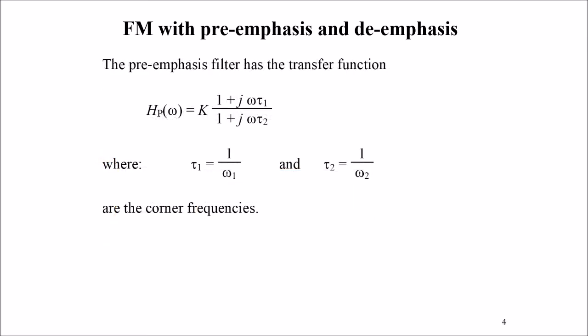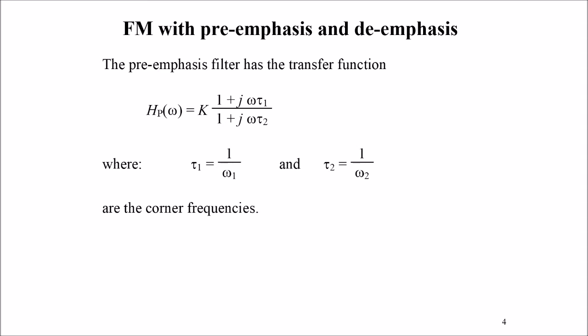This is the transfer function for the pre-emphasis filter as a function of omega. K is some amplitude constant in the numerator, 1 plus j omega times tau 1, which is a time constant. And then the denominator 1 plus j omega times tau 2, which is a different time constant.